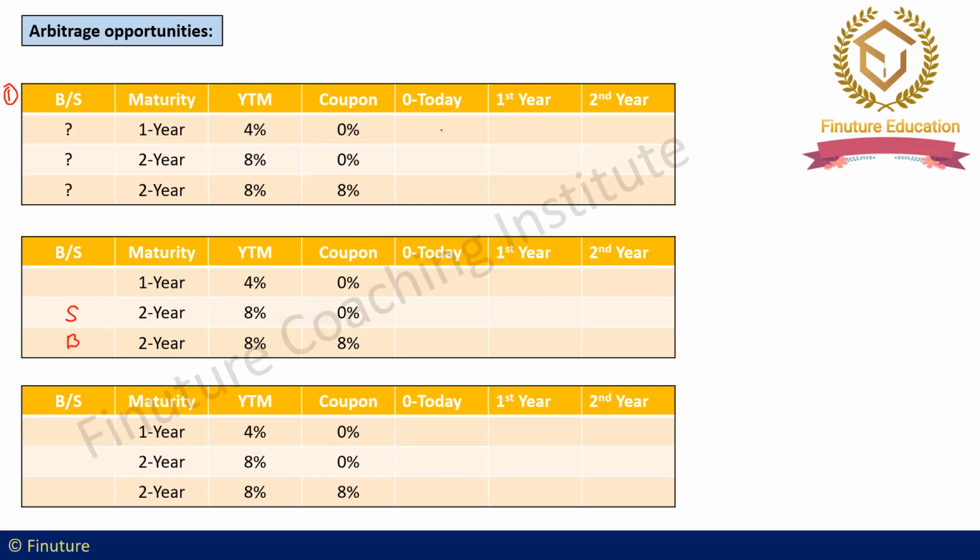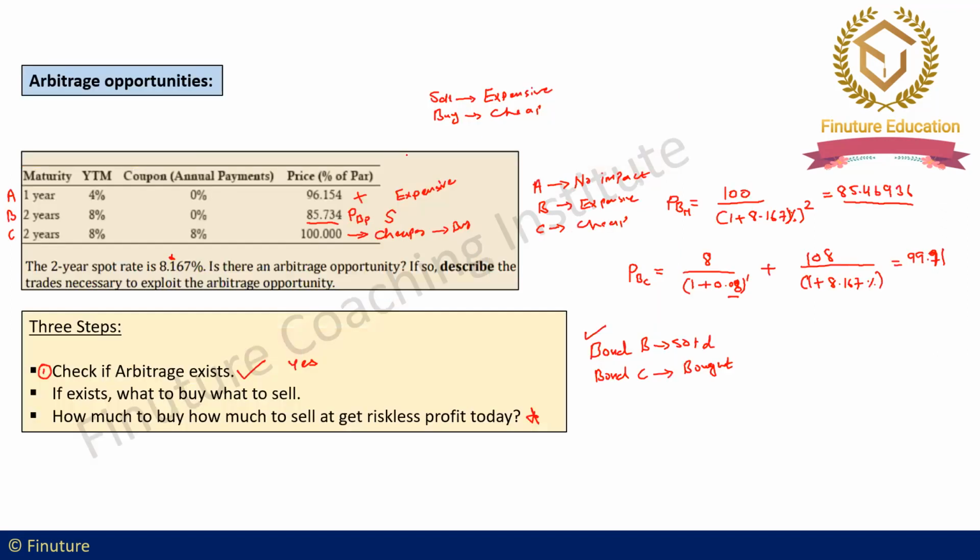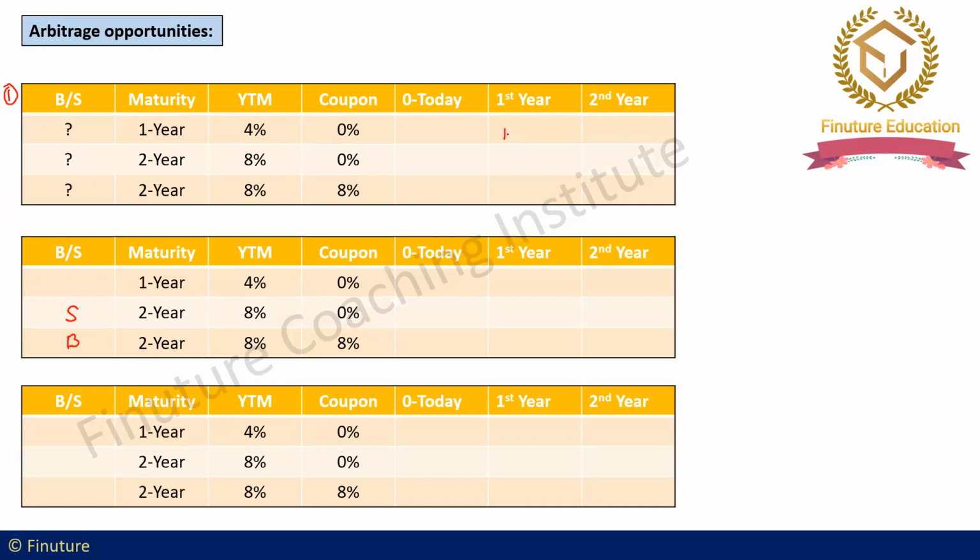For understanding, I'm writing the cash flows. Because it's a zero coupon bond, you just buy it, and in the first year you get 104, or you can say, because it was a discounted bond, 96.154 becomes 100 at year one.